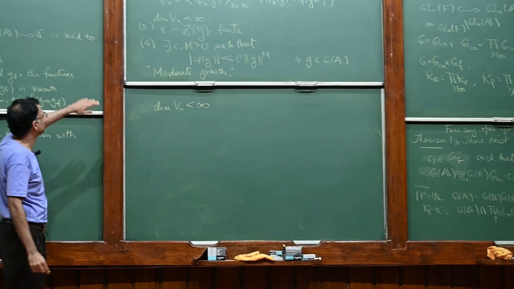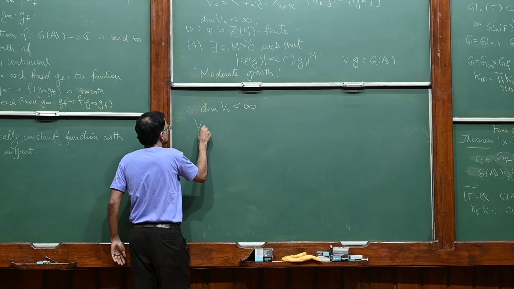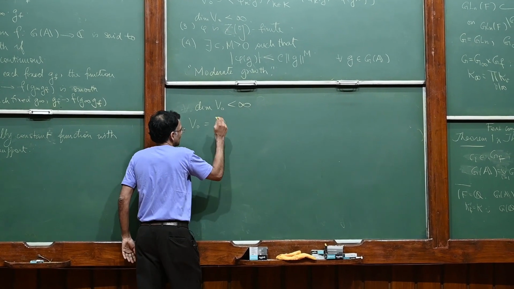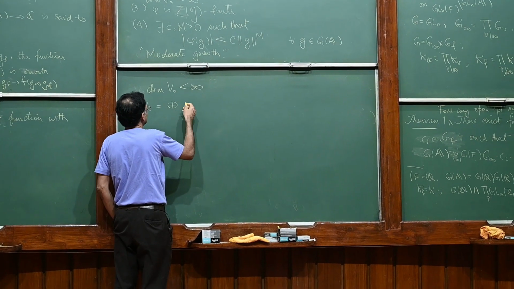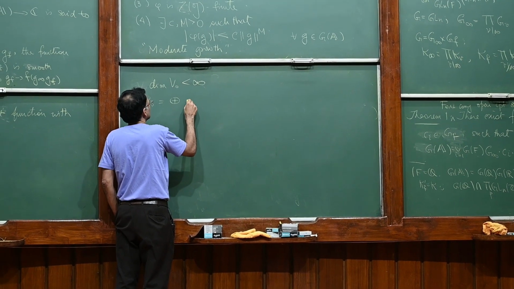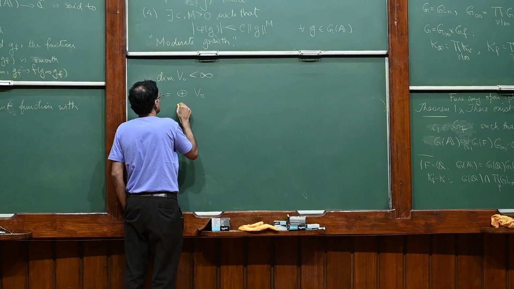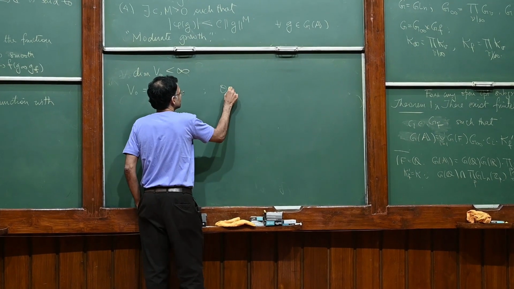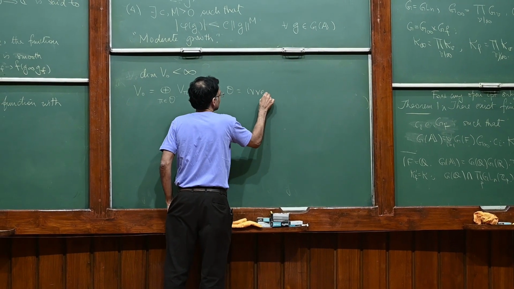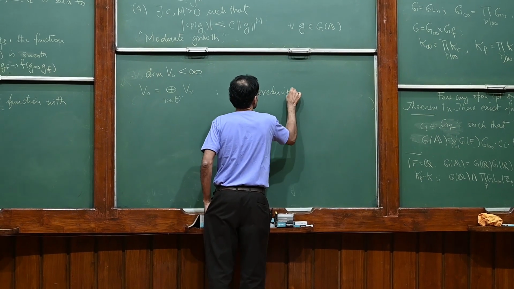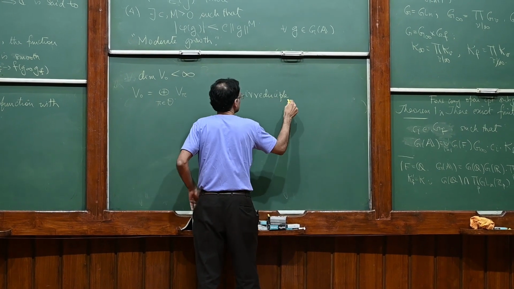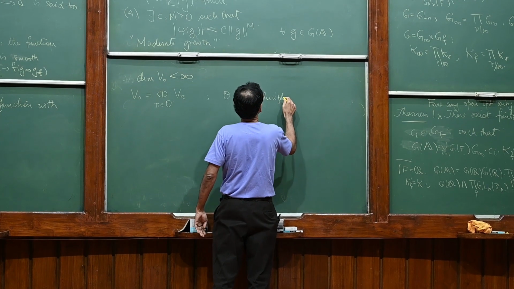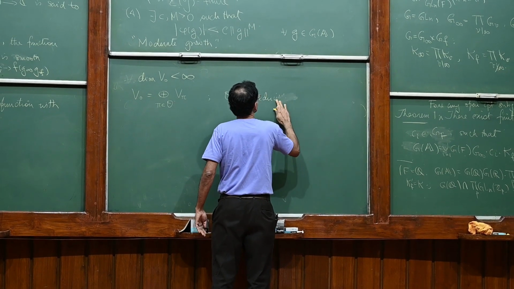K is a compact group, so we can write V as a direct sum of some representations, pi in some set. So theta will be a set of irreducible representations, the set of irreducible representations that occur in the decomposition of V0 into irreducible representations.